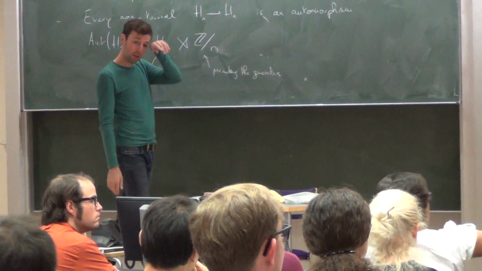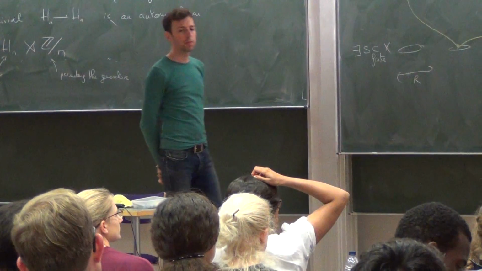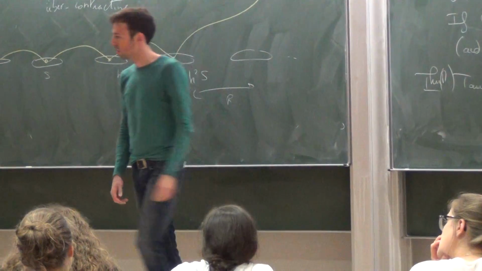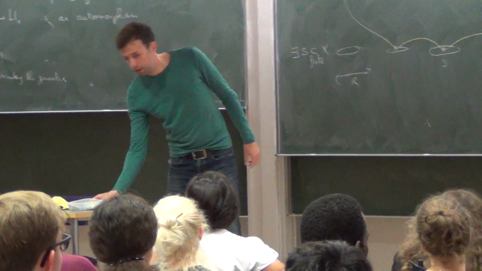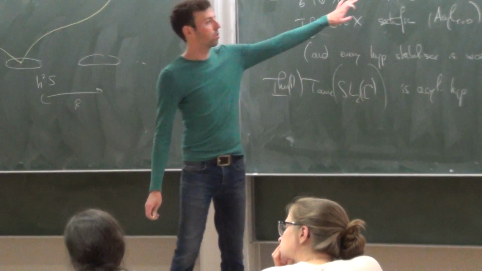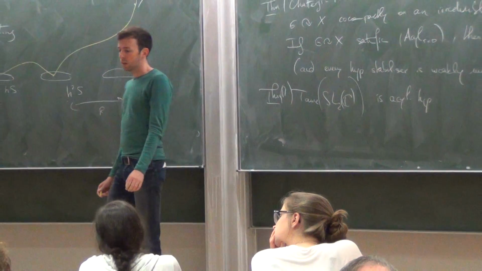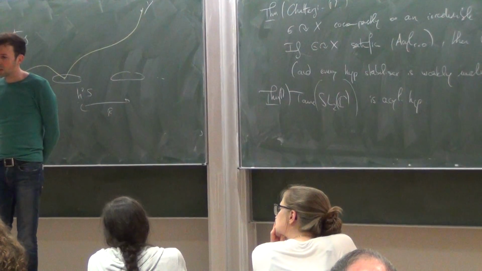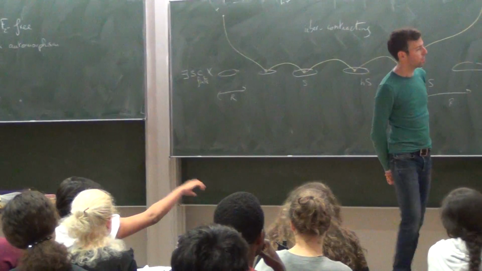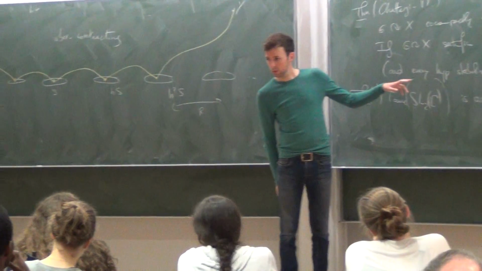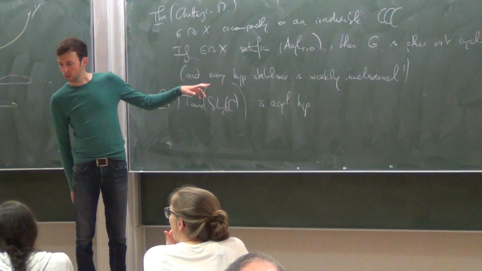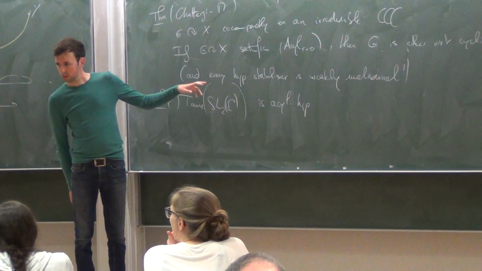So in this theorem, is X finite dimensional? Oh, sorry, yes. The reason I asked was because I think the fact that stabilizers are weakly non-normal, I think this is also something which follows from a recent result.